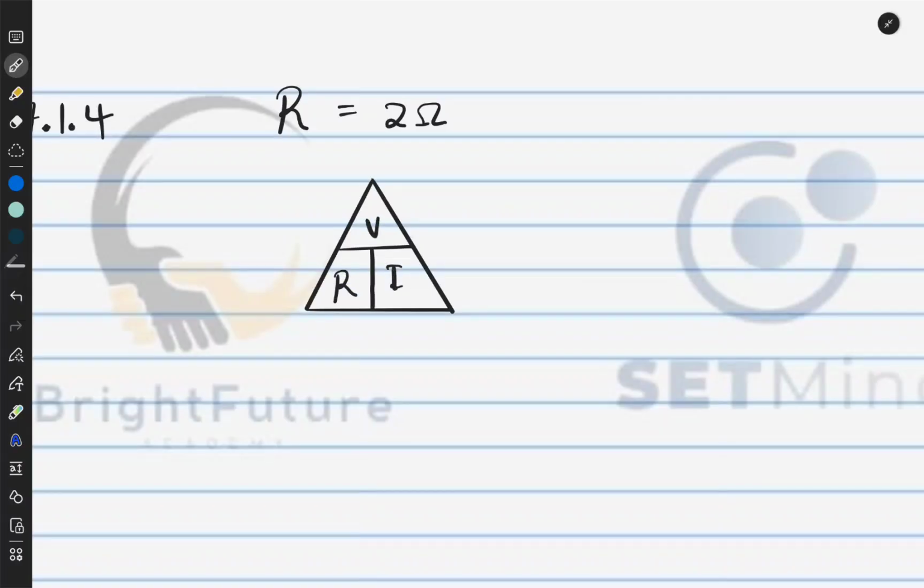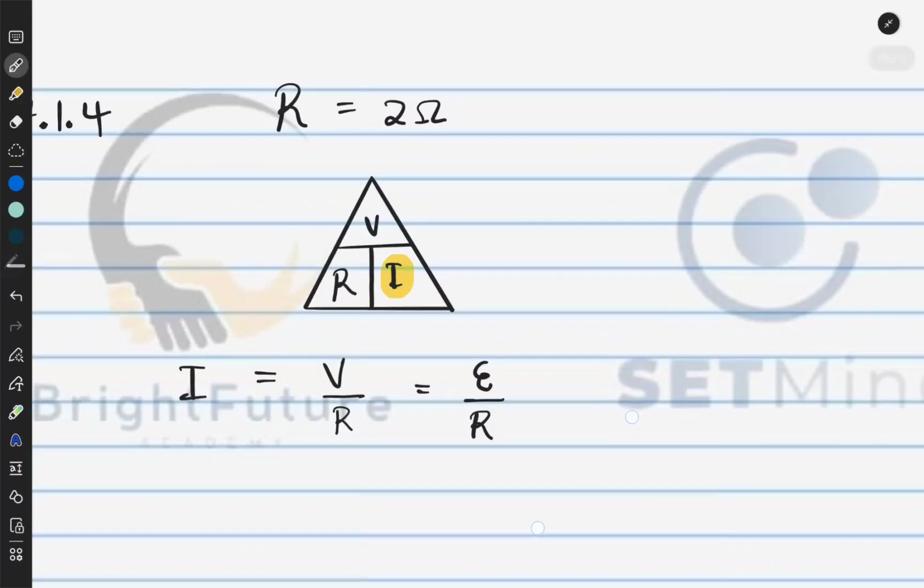So in this case, they are asking us to find I. So a shade of I, and we know that I should be V over R, if you remember how to use the triangle. And we know that V, since in this case we are dealing with induced EMF, we use E, induced EMF, over R, right?